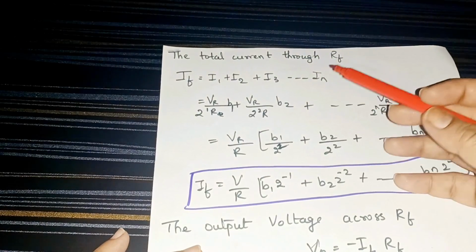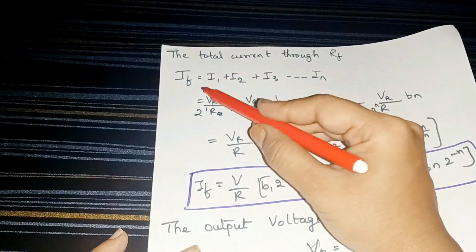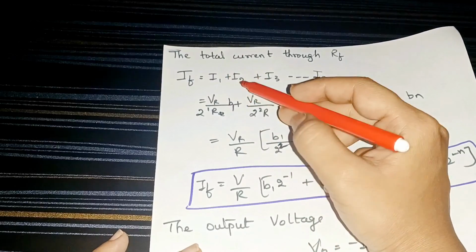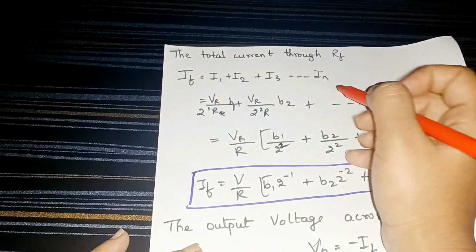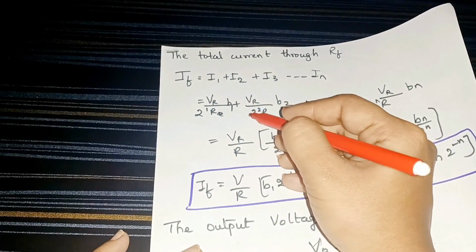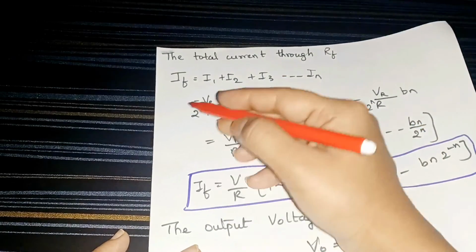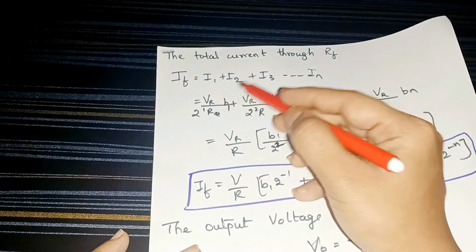The total current through RF is IF. IF is the summation of all the currents of the parallel resistors: I1 plus I2 plus I3 up to In. So we get the voltage reference divided by 2 raised to power 1, 2 raised to power 2, and so on, where n is the binary digit position.